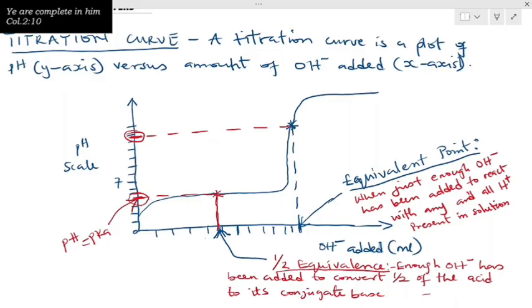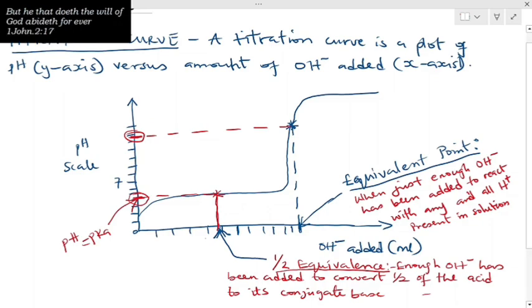Okay, so one would think that at this equivalence point it will be equal to pH 7, but it's not so, because we are titrating a weak acid against a base, and we now have another reaction that takes place as follows.